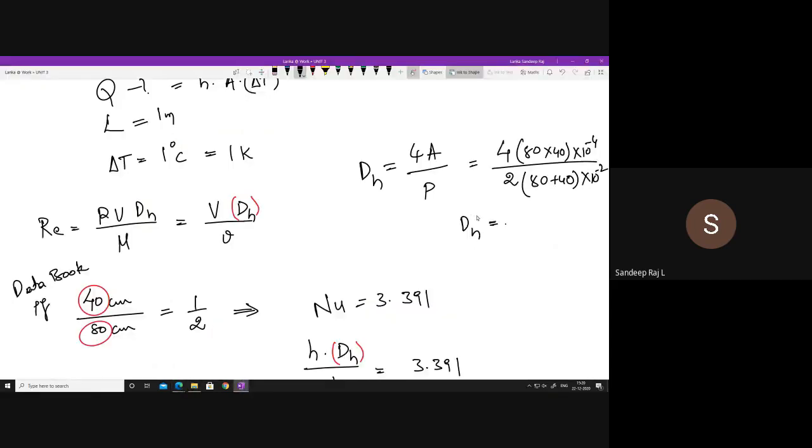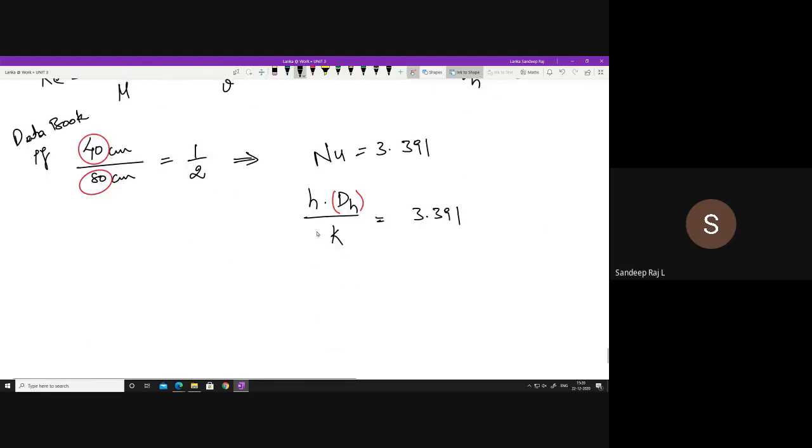Yeah, DH value, somebody tell me. Please tell me the DH value. 0.53 meters. So you substitute the same DH value here also, H into 0.53.